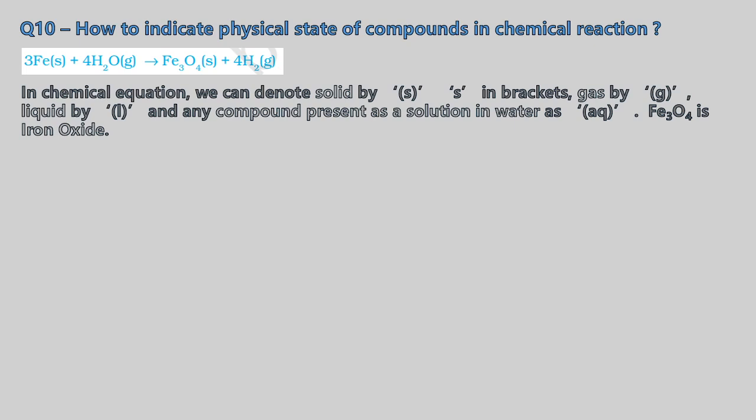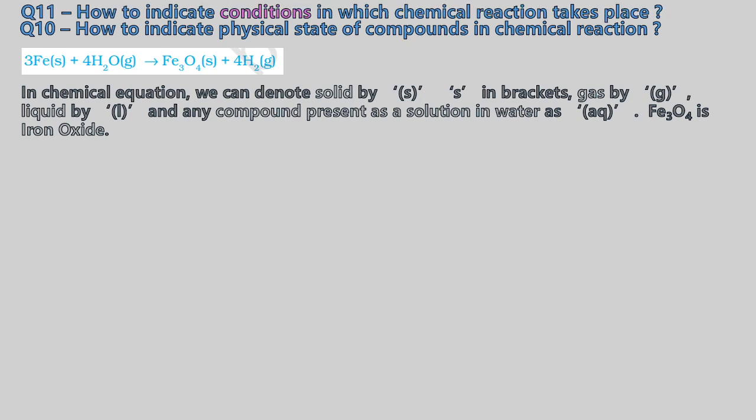And 4H2O: the water is in the form of steam here, that's why we have put it as (g), gas. Which gives iron oxide, Fe3O4, which is also solid, so (s). Plus 4 molecules of hydrogen, each having 2 atoms, which is also a gas, so we have put (g).